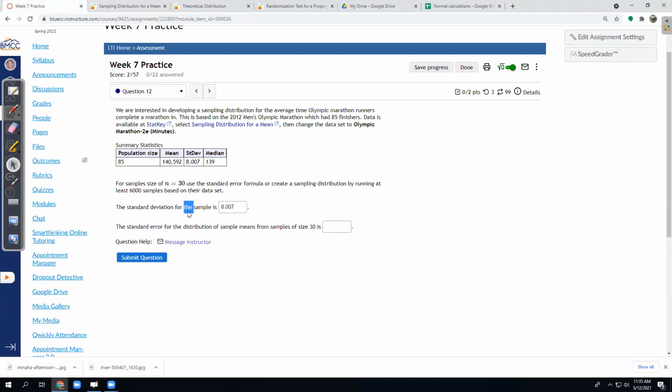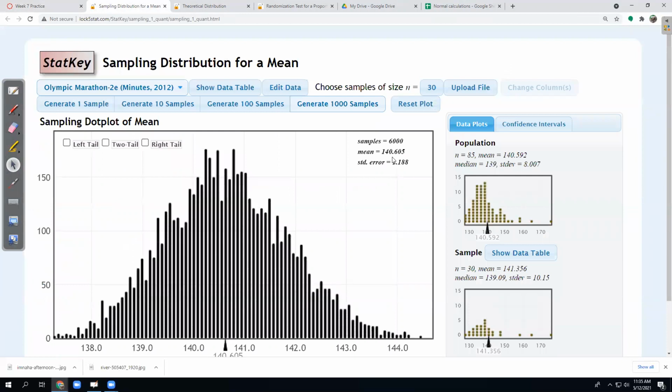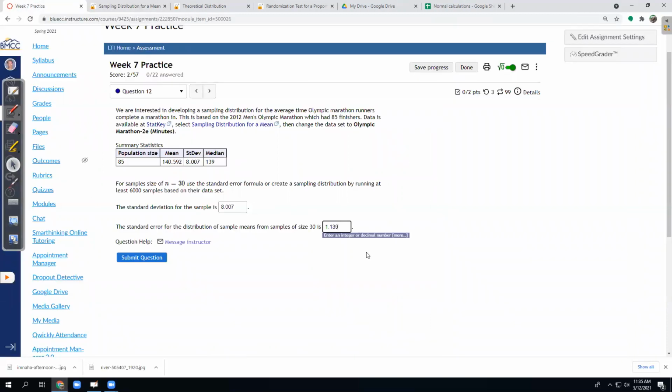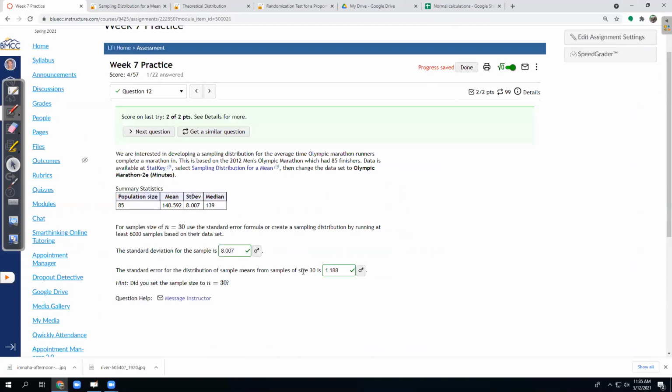Because again, I just ran 6,000 samples, and the standard error, which is the spread of the sampling distribution, was 1.139, or 1.188. You will get a little variation on this number, but the standard deviation here is the one from the given information at the top. If I had a different sample size, I would have a different spread.